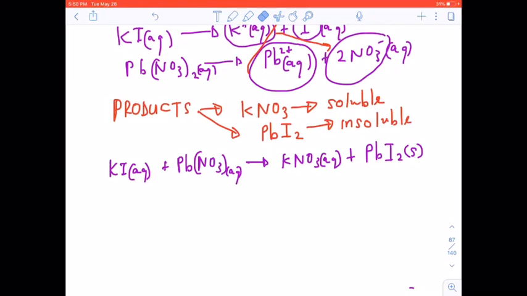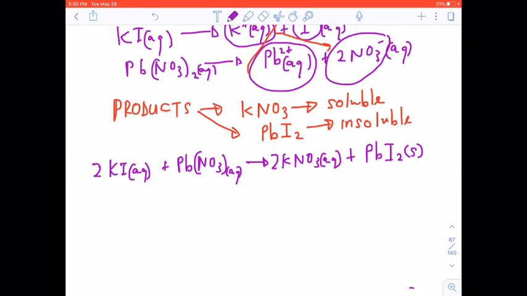Okay, but if we look at it and we say, is this equation balanced? We've got 2 I on one side, we've only got 1 on the other, so we need to balance it. So we balance that particular reaction. It means you've got 2 K on one side, so that's not balanced. So here we balance the reaction.